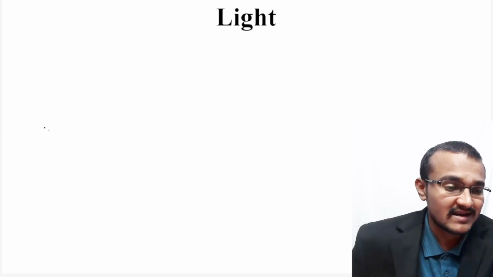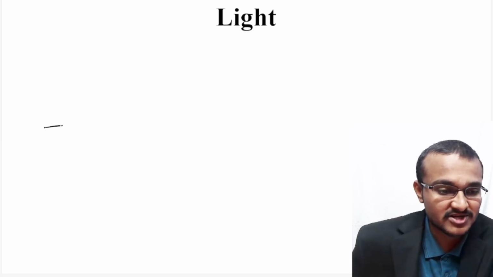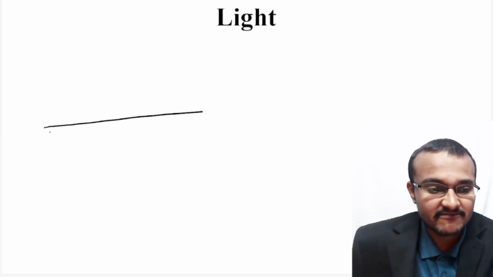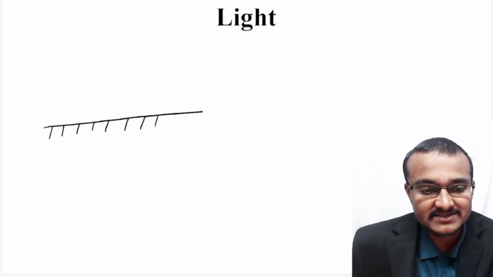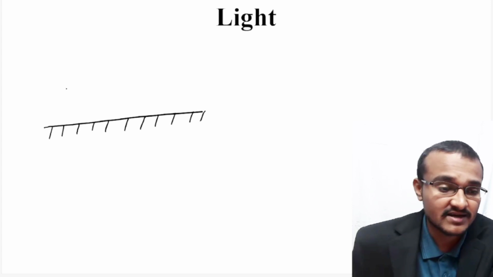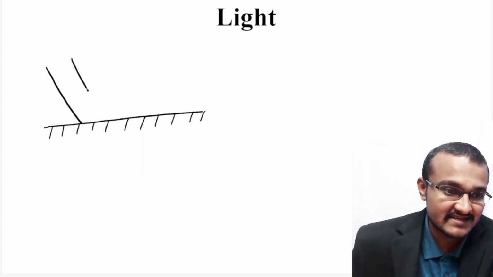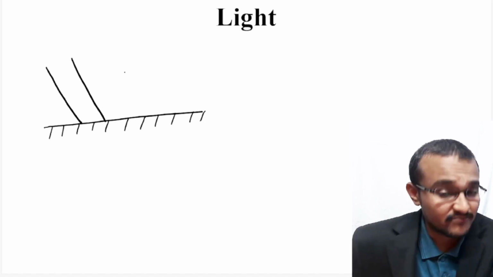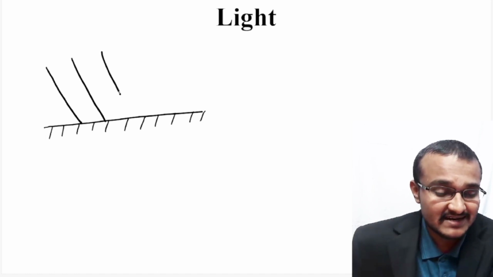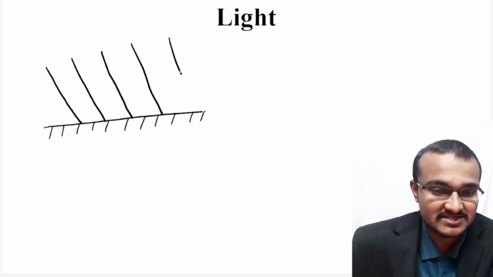So now let us move further to understand reflection. Let's say we have a very plain surfaced mirror and reflection of light is taking place on this mirror. Let's say there are multiple rays getting incident on this plain surfaced mirror, and let us assume that all these incident light rays are parallel to each other.